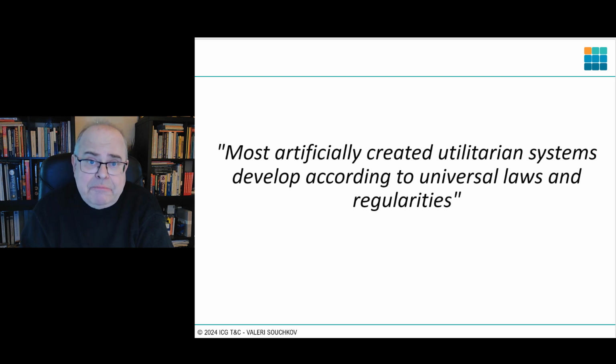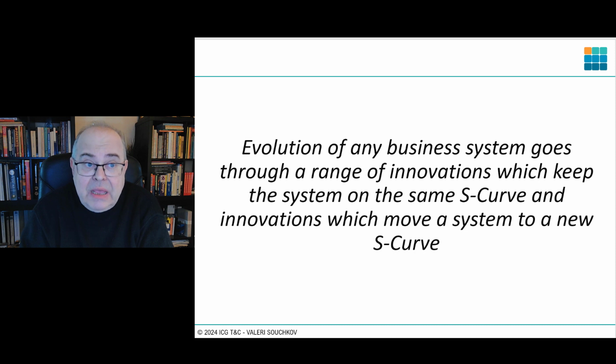And the evolution of any business system goes through a range of innovations which keep the system on the same S-curve, and innovations which move a system to a new S-curve. So like I said, in this presentation, I want to give an overview. What drives a business system, a company for example, to move to a new S-curve?